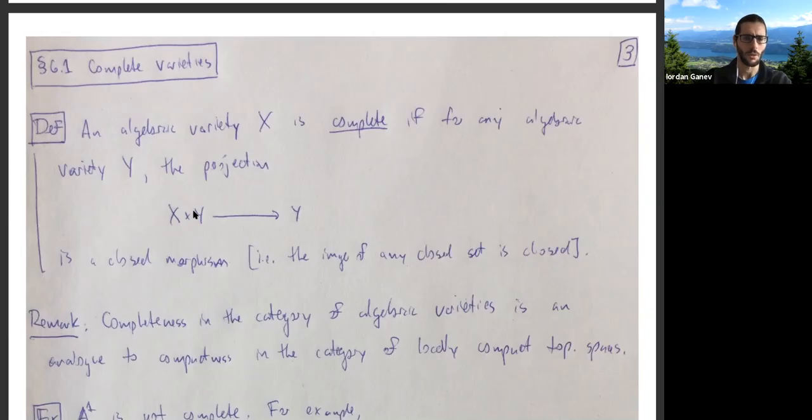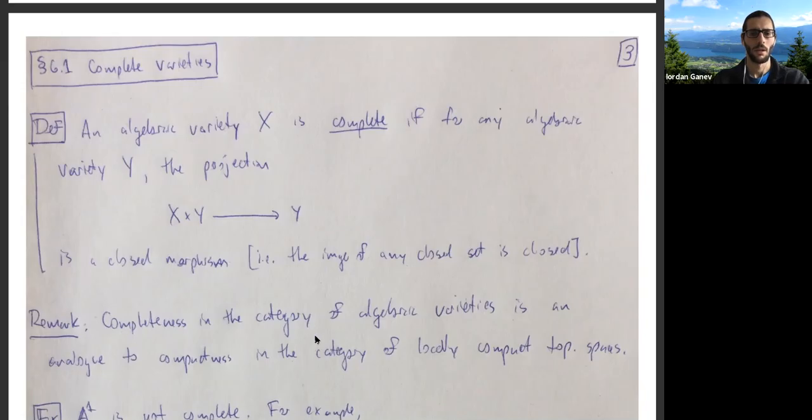It seems a bit strange, but it turns out that, as I remark here, completeness in the category of algebraic varieties is analogous to compactness in the category of locally compact topological spaces. There's one of the exercises in section 6.1 that explains why this projection condition, being a closed morphism, in the category of locally compact topological spaces is equivalent to being compact in that category.